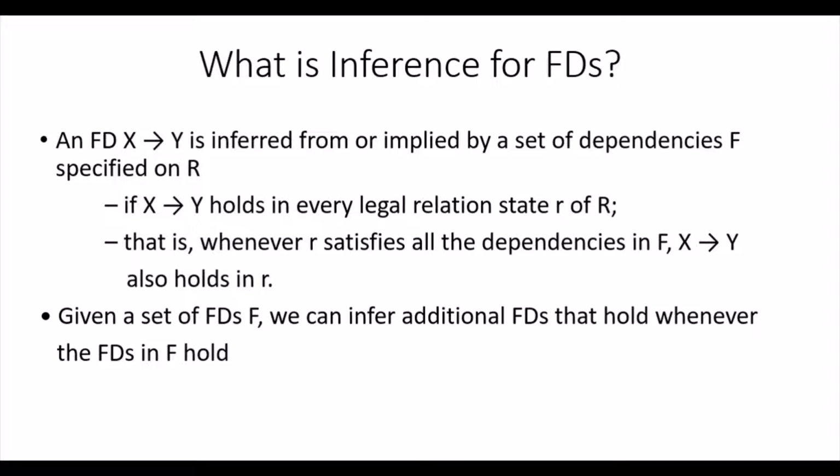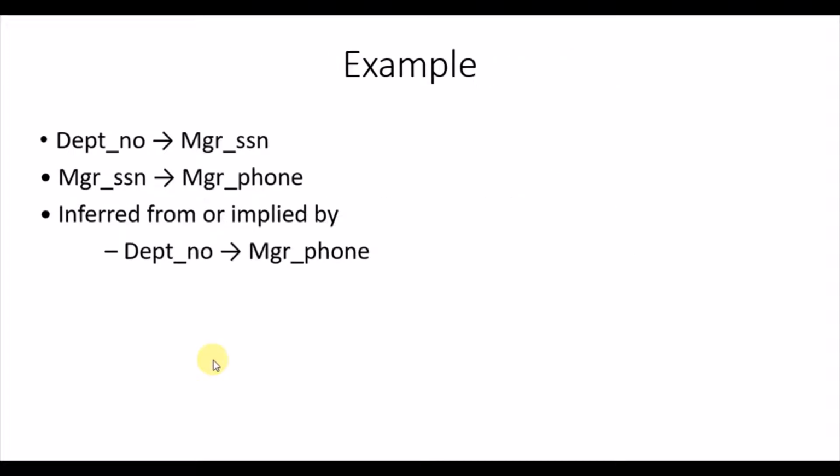So for example, we have department number that determines manager SSN, then manager SSN determines manager_phone, so this is inferred from or implied by: department number implies manager phone.